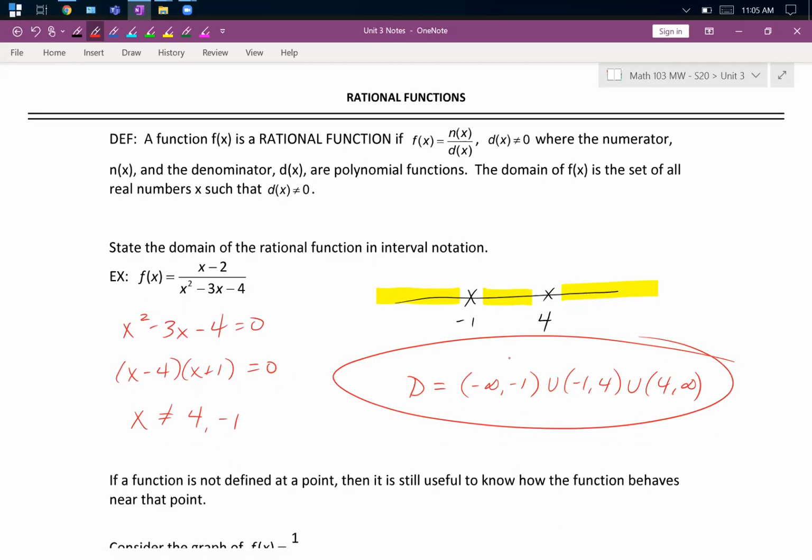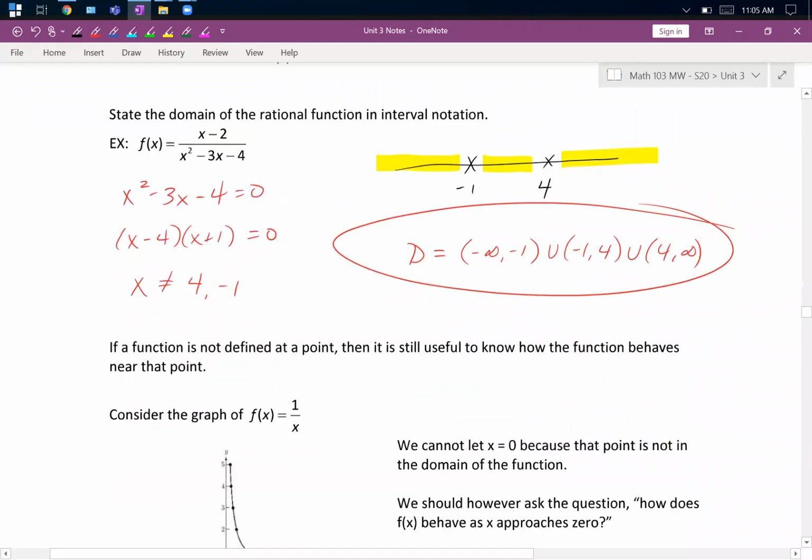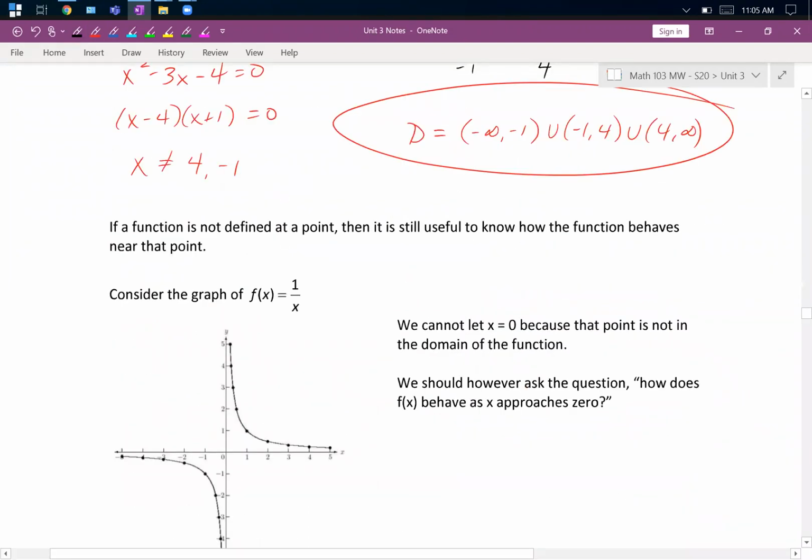All right, so now we're going to do more than just find the domain of these functions. We are ultimately going to graph them. But before we get to that, I want to look at our more basic, our parent rational function f of x equals 1 over x.